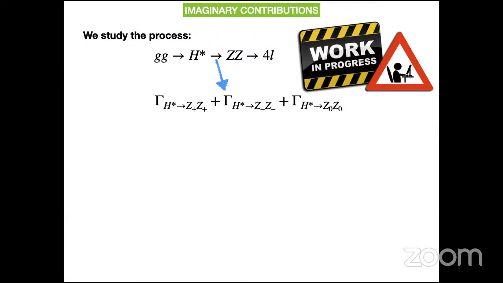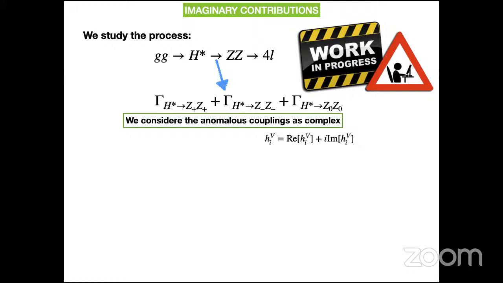Now we want to study the process, and the polarizations of the Z boson. We can calculate the partial width where the Higgs boson decays into two polarized Z bosons. We have these three combinations. The other kind of combination is 0 and so on.